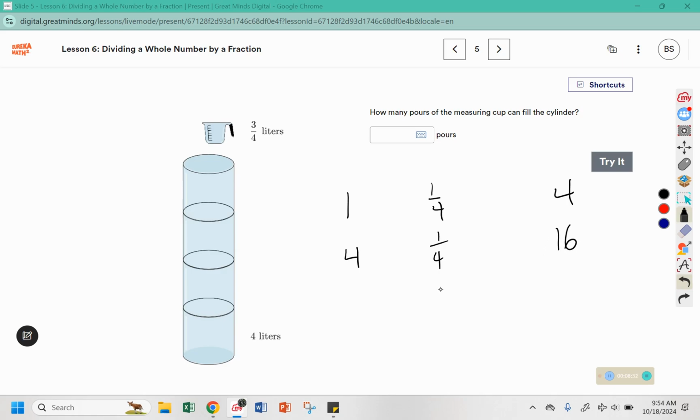But we have 4 liters using a 3/4 measuring cup. So we're going to split 16 into 3 instead of using 1/4. Is this going to be a whole amount of pours? Let's check.